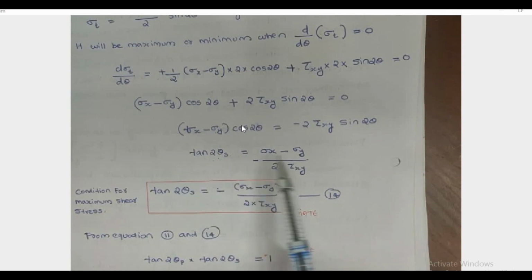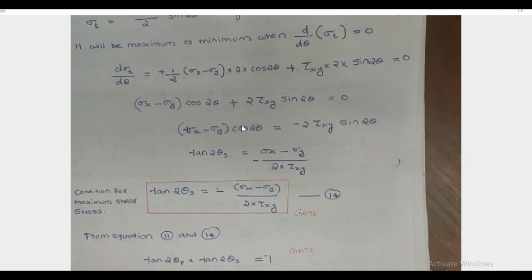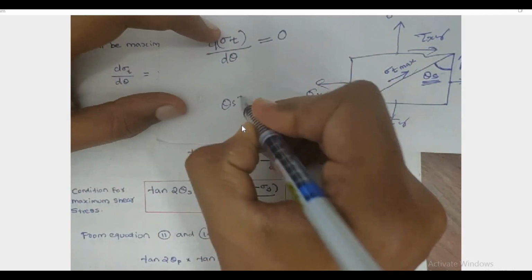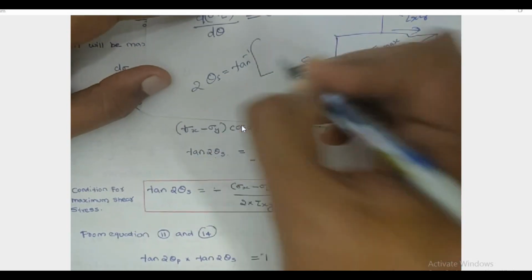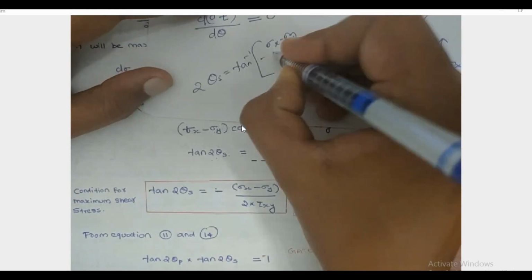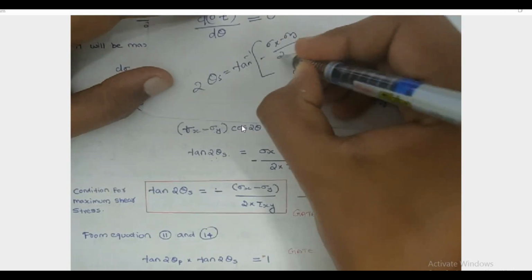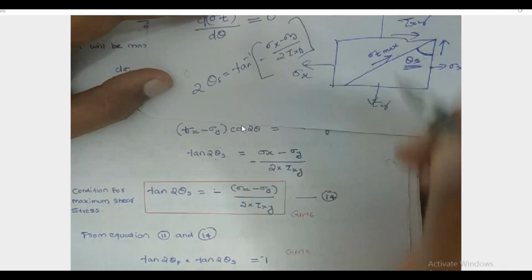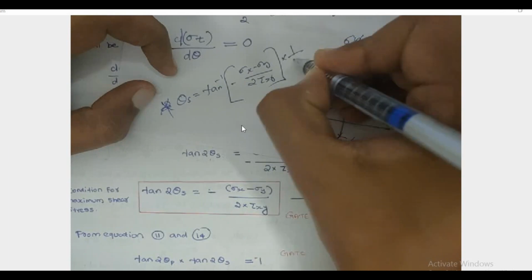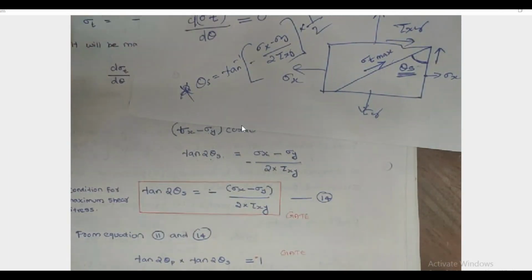So 2 theta s is equal to tan inverse of minus (sigma x minus sigma y) by 2 tau xy. And after dividing by 2, we got theta s. We got the position of this plane of maximum shear stress.